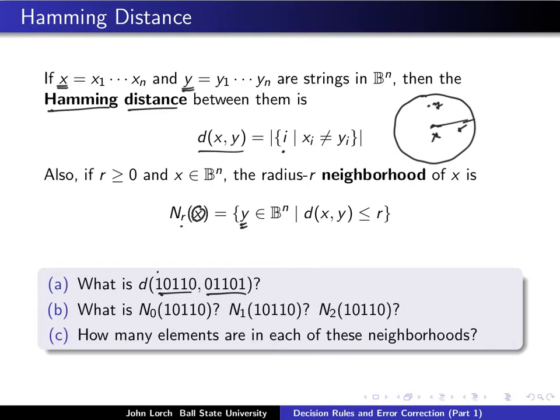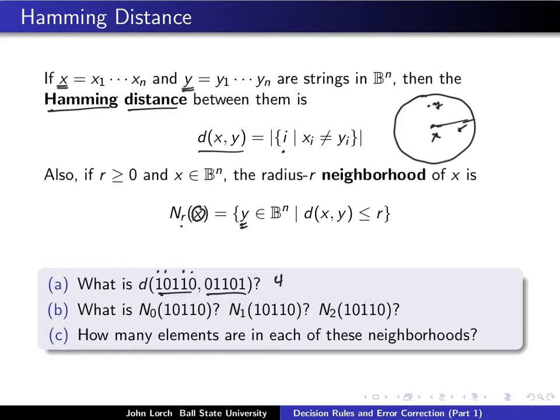So they differ in the first slot, they differ in the second slot, they are identical in the third slot, they differ in the fourth slot, and they differ in the fifth slot. So I count up the number of places where they differ, and there are 4 places. So the Hamming distance between those strings is equal to 4.